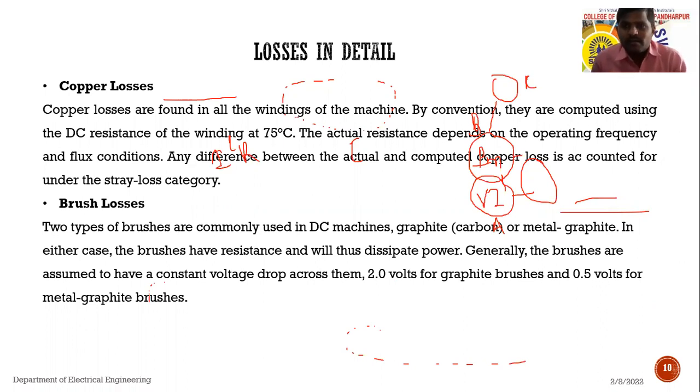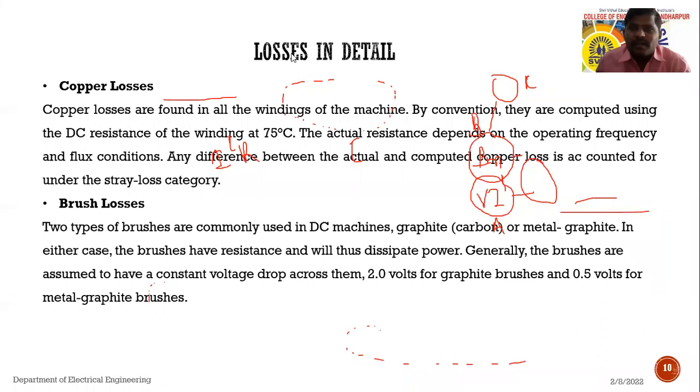I think we have not taken the Swinburne test. Have we taken the Swinburne test practical? Yes, sir. In the Swinburne test we measured resistance, right? We measured resistance.